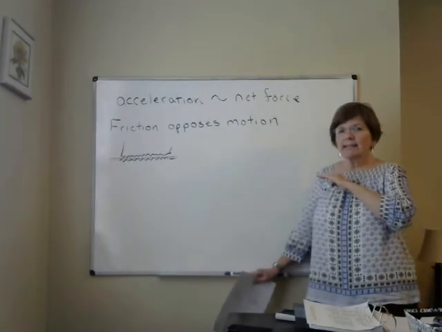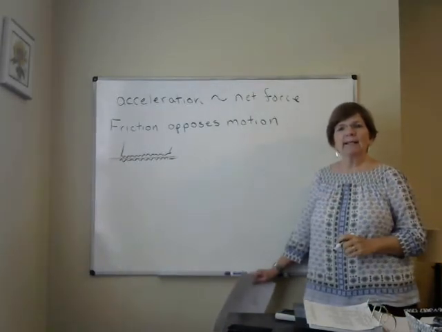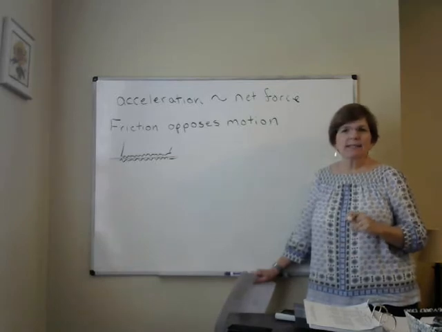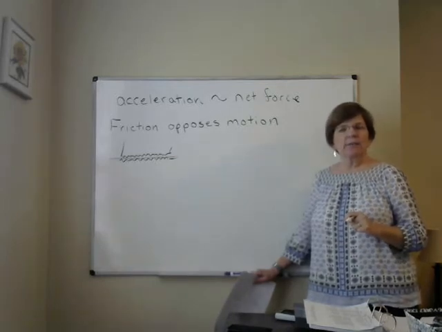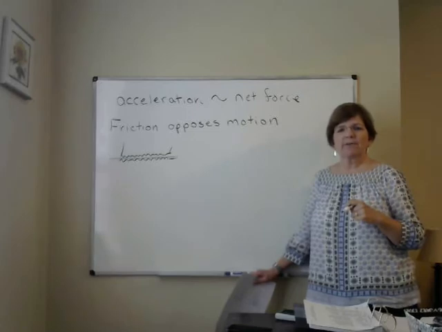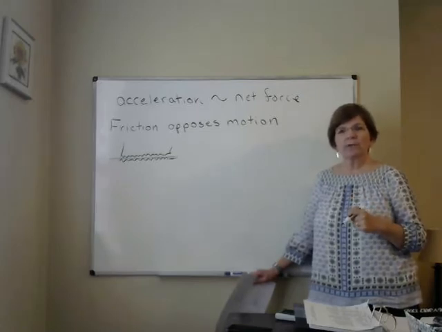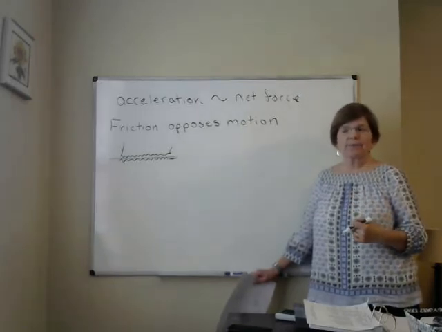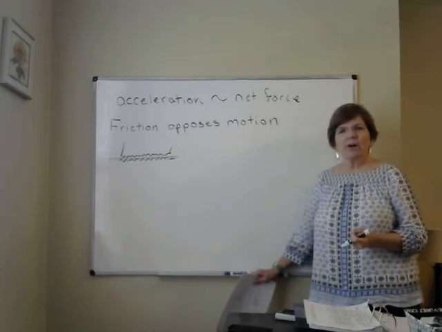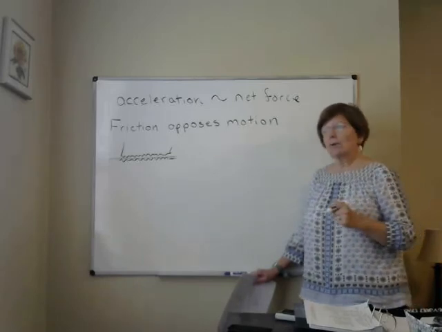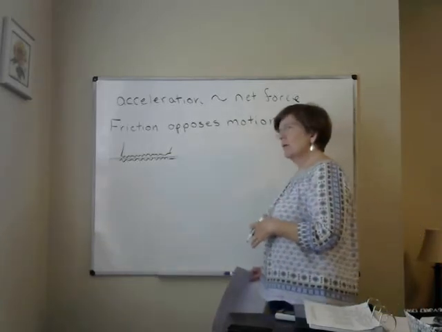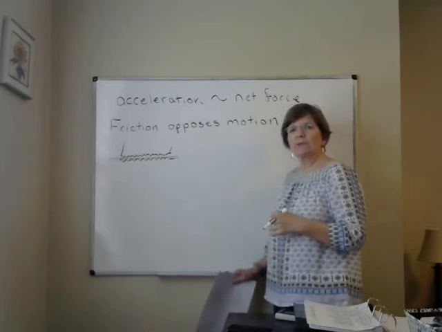That's why ice is very smooth. Glass, metal, those things have some friction, but they have much less than rough things like unsanded wood or sandpaper or just a rough concrete garage floor. So the main cause of this friction is these surface irregularities.